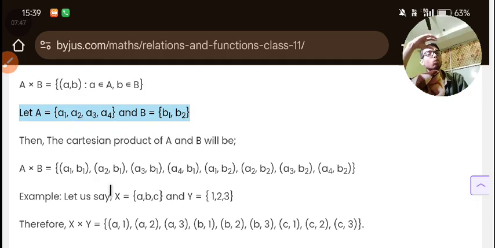We will make coordinates. It will happen when we have something in a set; the set should not be empty.